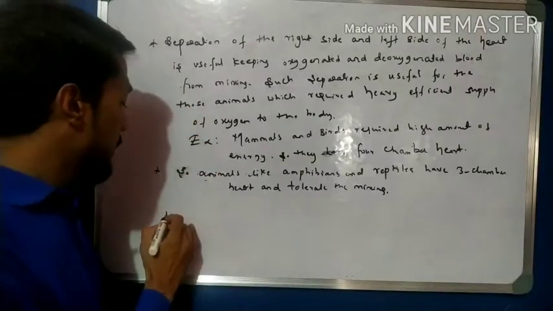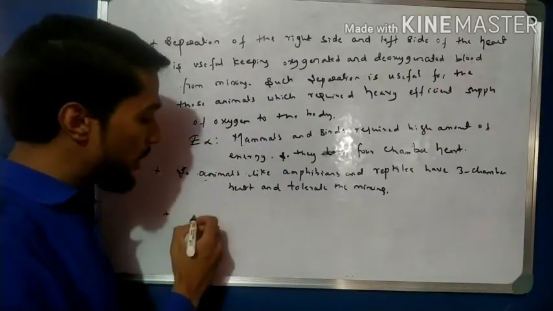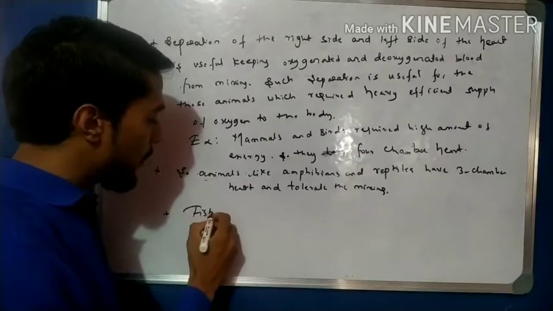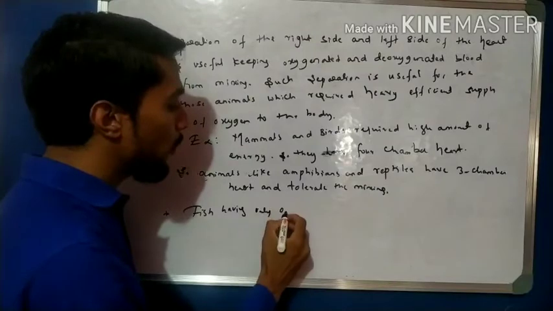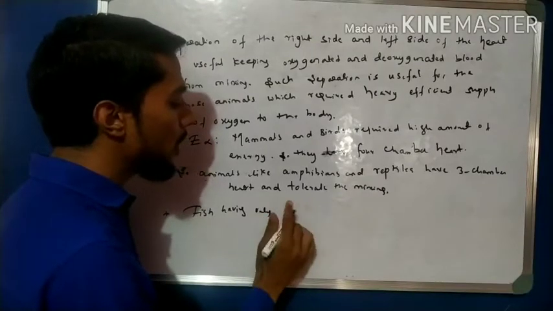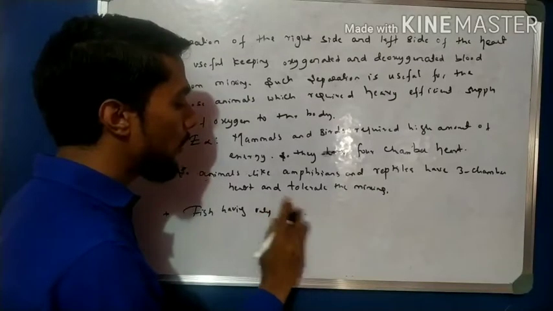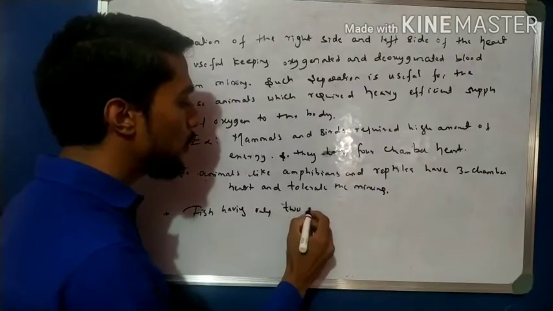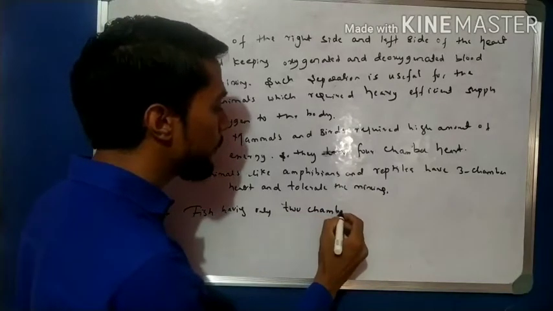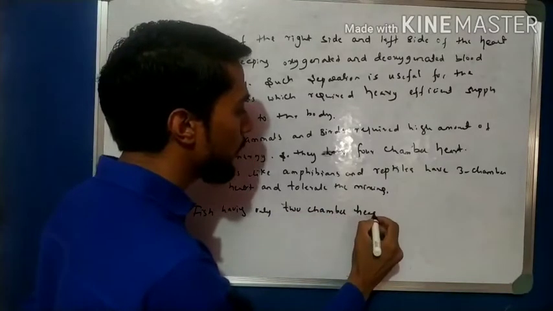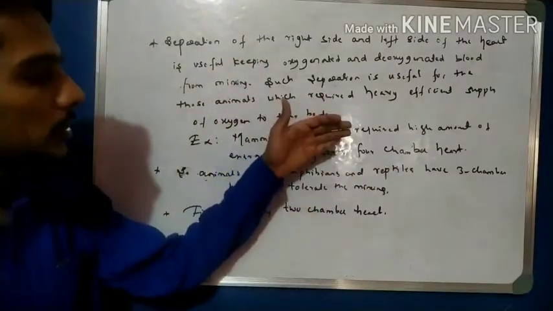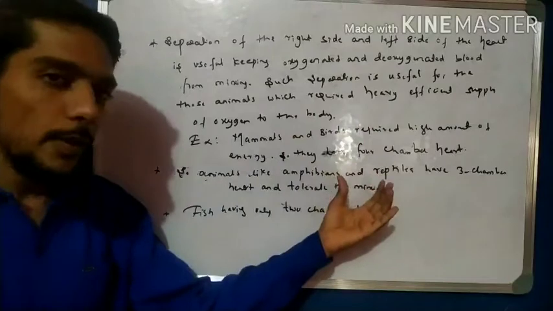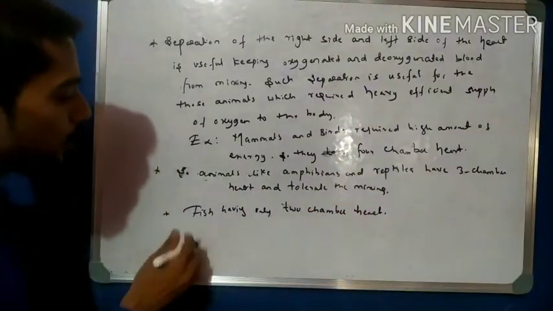Also, the fish, that is an aquatic animal, has only a 2 chamber heart, right? Only 2 chambers. Okay, that is important. 4 chamber is mammals and birds, 3 chamber is reptiles and amphibians, and the 2 chamber is which one?